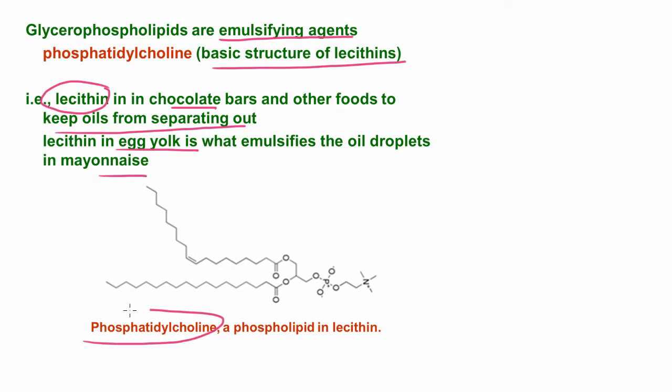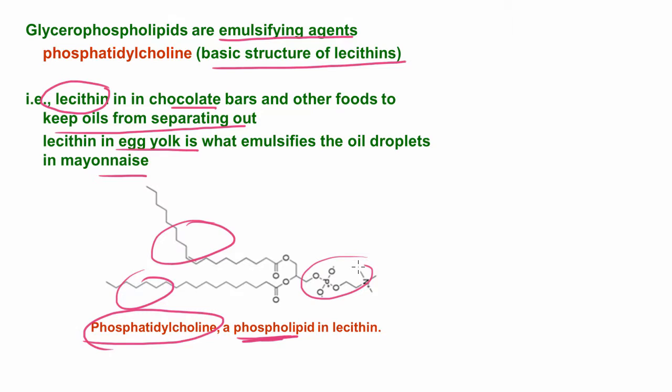So again, phosphatidylcholine, this is a phospholipid in the lecithin. The reason they're good emulsifying agents is because of their combination of the hydrophobic tails and their hydrophilic head groups. Okay, so the polar groups here.